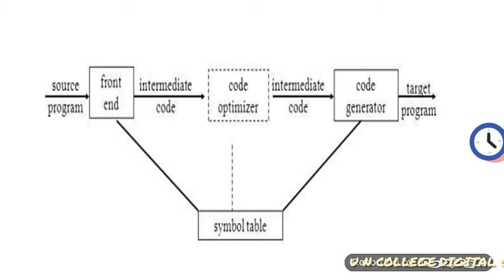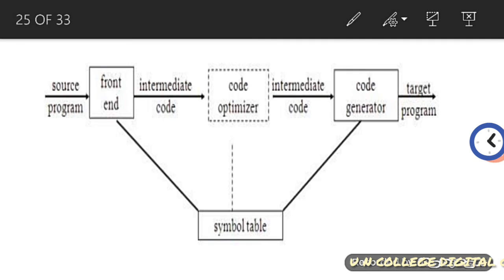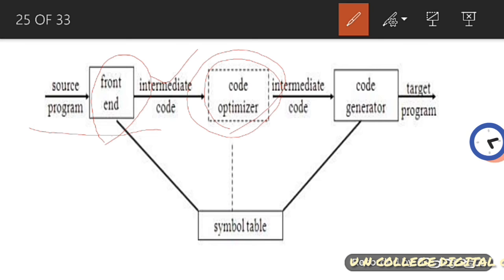Here I have used one diagram to show you the exact location of code generator. Here you can see that when you enter the source program, the first phase is lexical analysis, then operations are performed like syntax analysis, semantic analysis, and then intermediate code is generated. Then code optimization techniques are used on intermediate code.